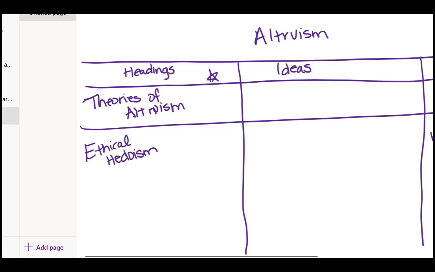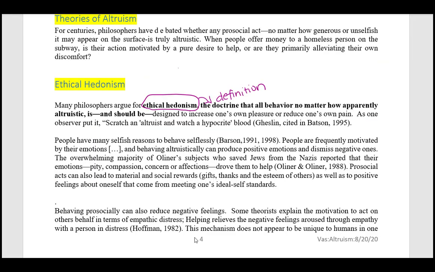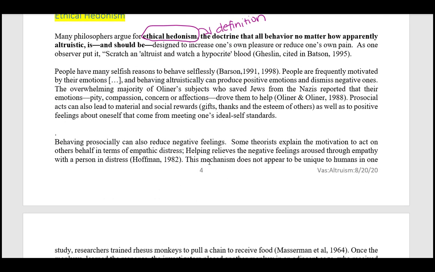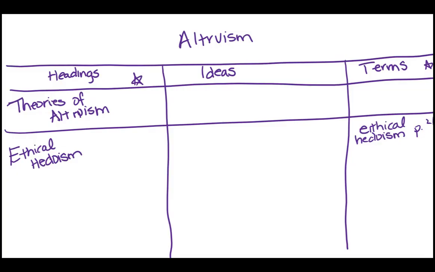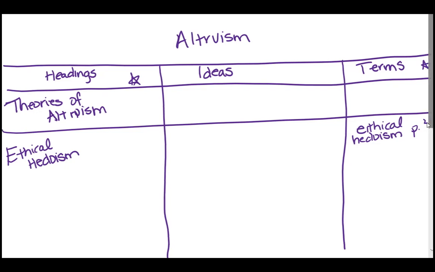And the other thing that I'm going to add is the page number. You can see this is page number 4. So I wrote the term ethical hedonism, and then I also put down the page number. It's not showing up very well, but it's on page 4. I like to do that so when I'm done reading, I know exactly where those terms come from.